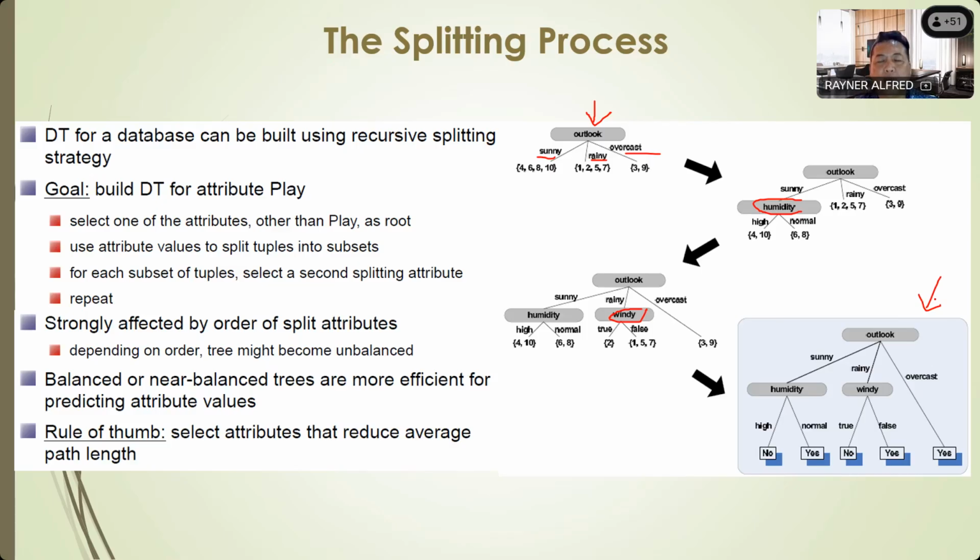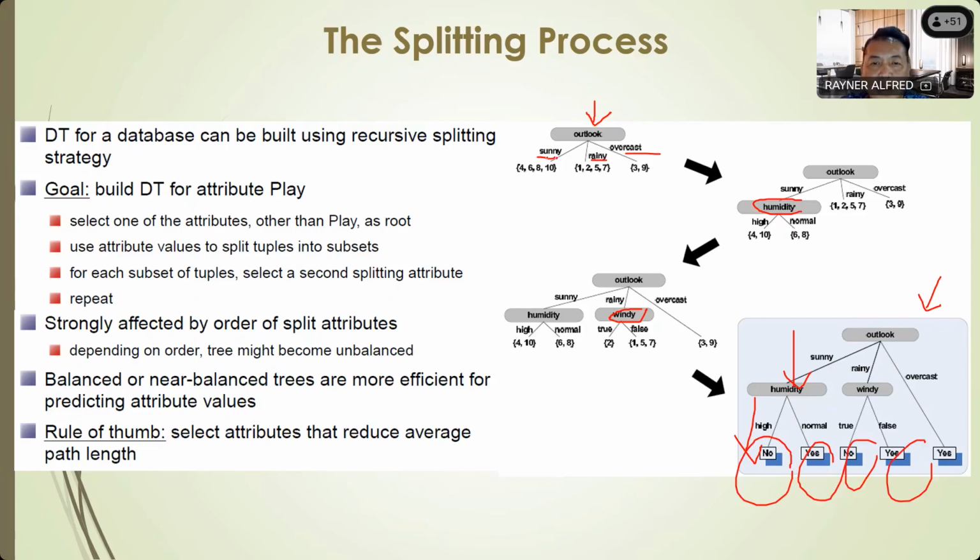We start from the root of the tree, and then we go further down until we meet the stopping condition. The stopping condition might be that you reach the maximum depth, which is how many levels you want to go down, or you have reached a point where all the members belong to the same class.